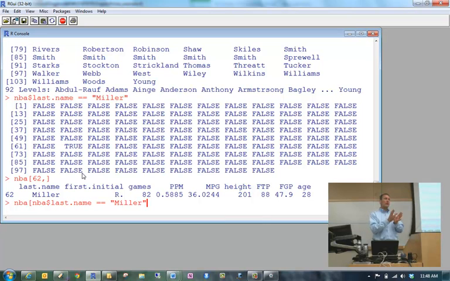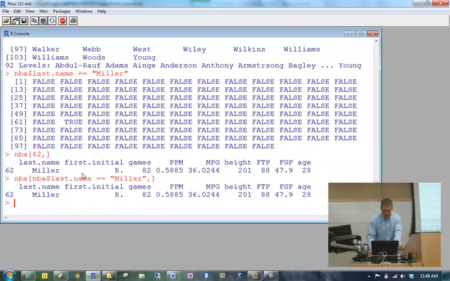Whenever there's a true, R is going to return that particular row of the data set. That's a convenient way to do it, especially if you are trying to pull stuff out of a data set that doesn't necessarily have only one element, and you don't know where that element is. So that's a nice little technique of data management.